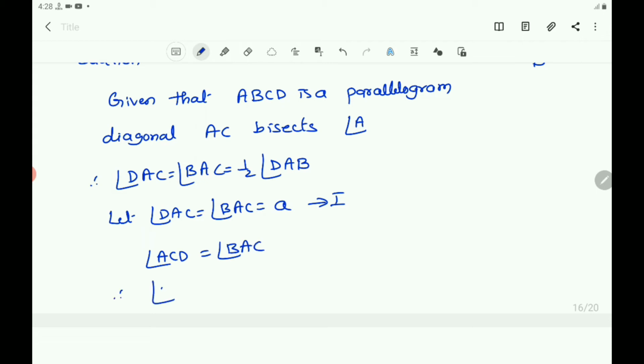Therefore you can write angle ACD equals A. Consider this the second, and the reason is from first. In first you have taken that as A. Therefore, angle ACD equals A.